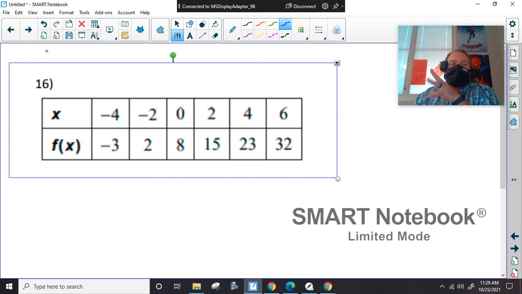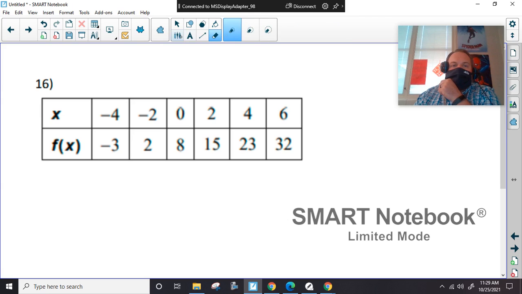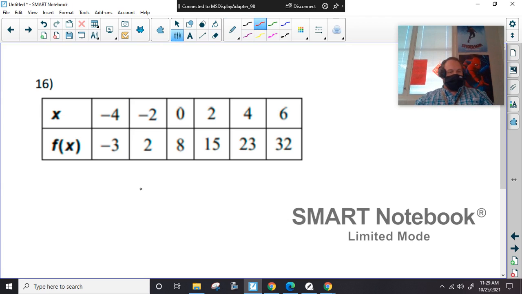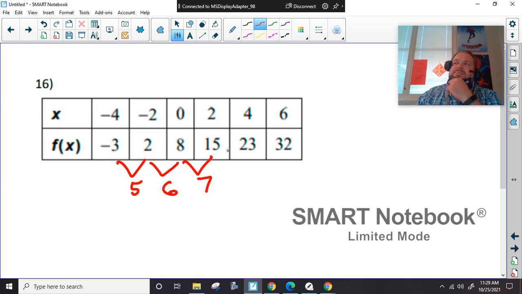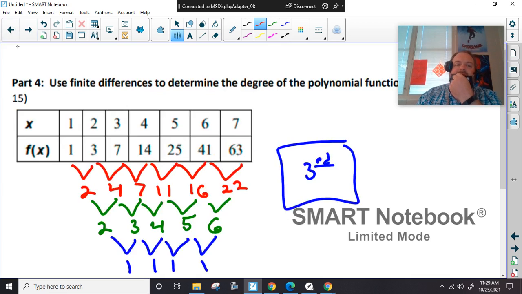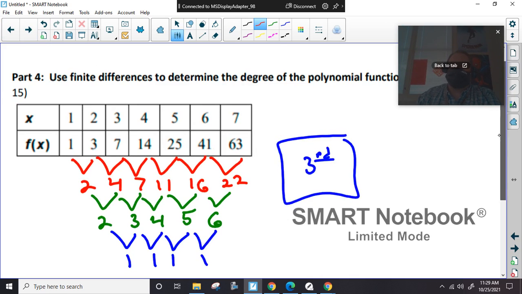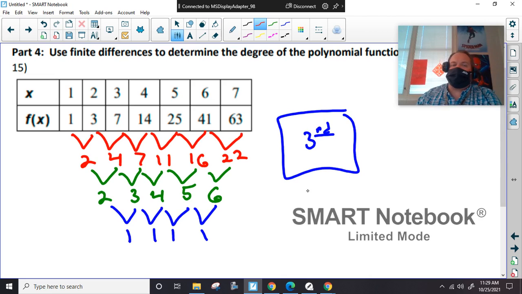Now, 16. So let's see. 2 minus negative 3. This is 5. This is 6. This is 7. On the second row, the green.